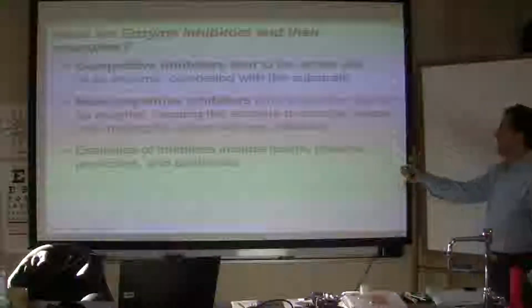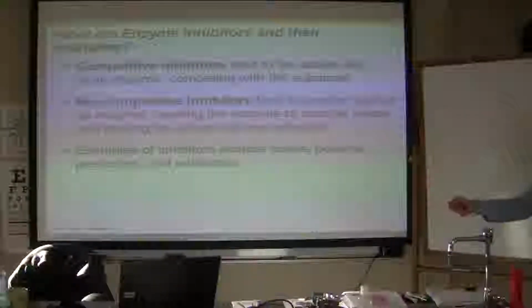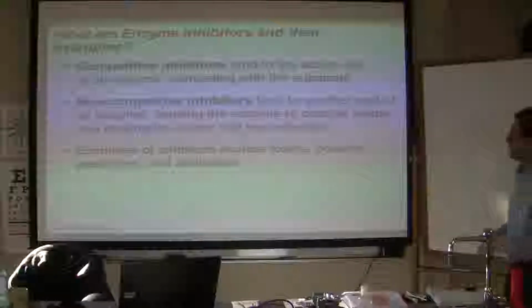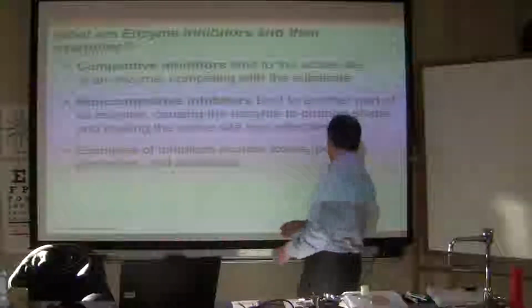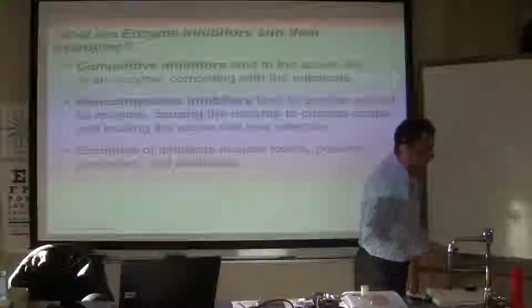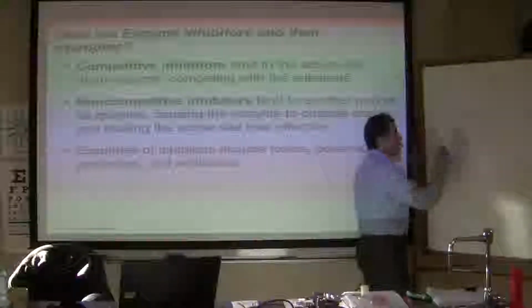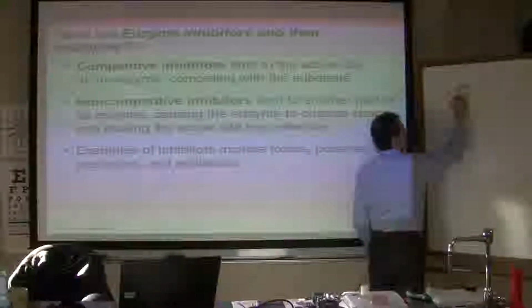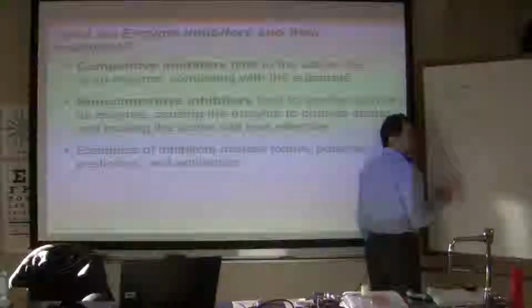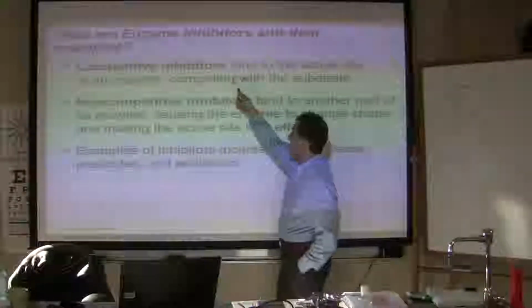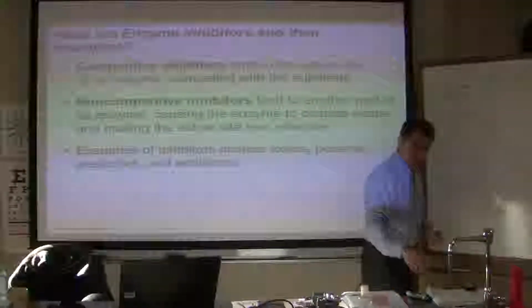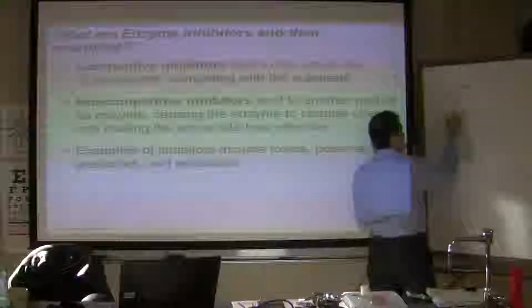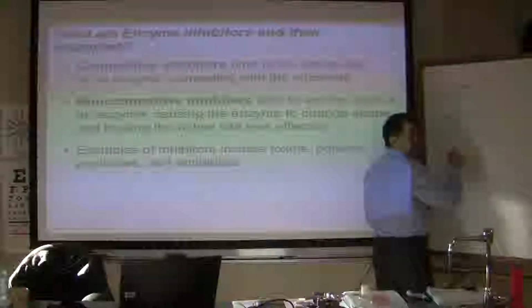Non-competitive inhibitors bind to another part of the enzyme, causing the enzyme to change shape and lose its active site. So if you have an enzyme like this, okay, and this is the active site right here, and a competitive inhibitor attaches here. Am I making some sense?